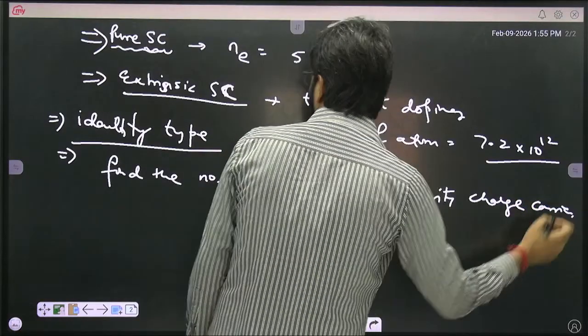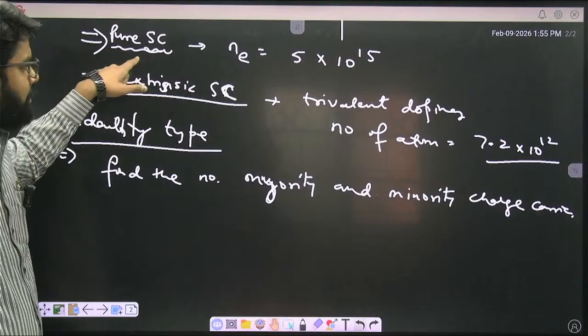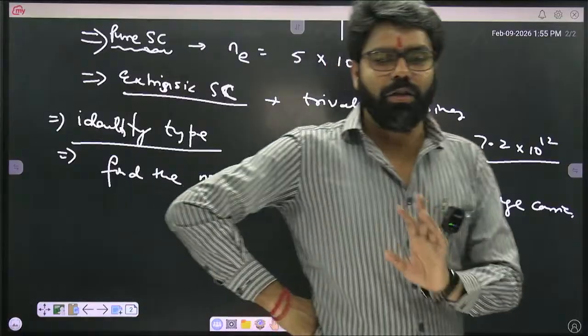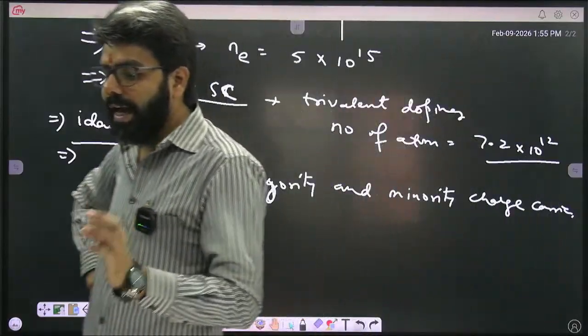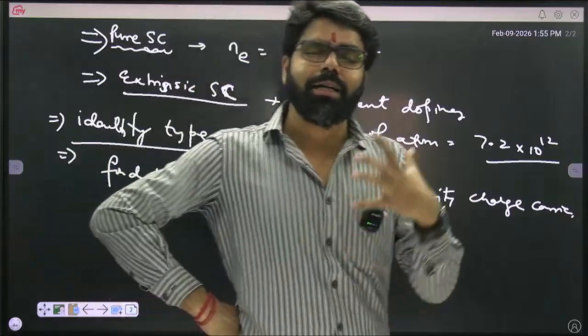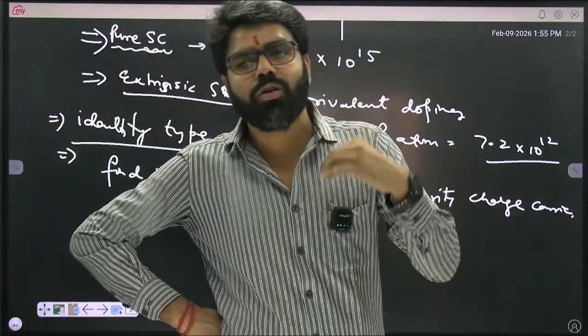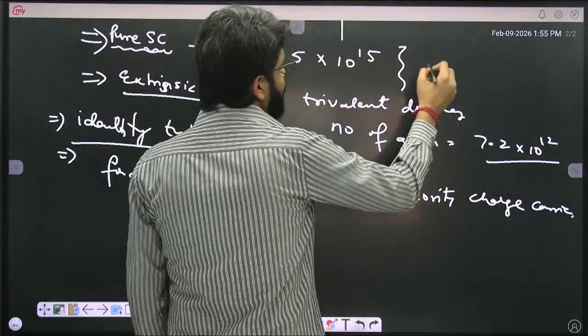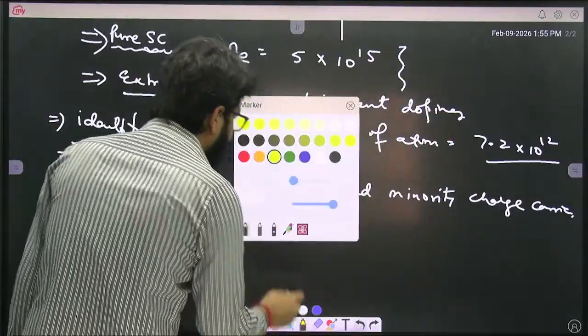What is happening? This is a pure semiconductor, so Ni remains constant for a semiconductor. That is the law; that's what you have to keep in mind. Ni remains constant, that is, the charge carrier concentration remains constant. On the basis of this, you can find Ni.